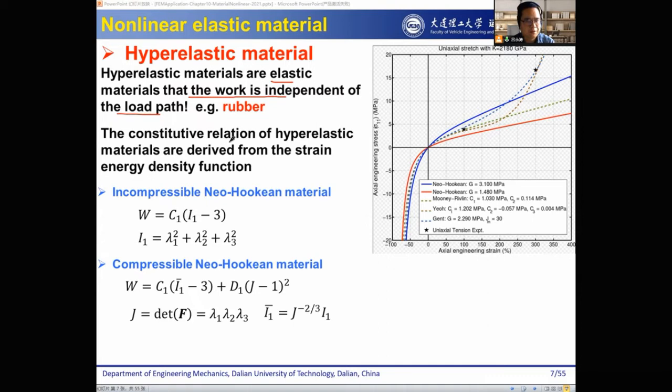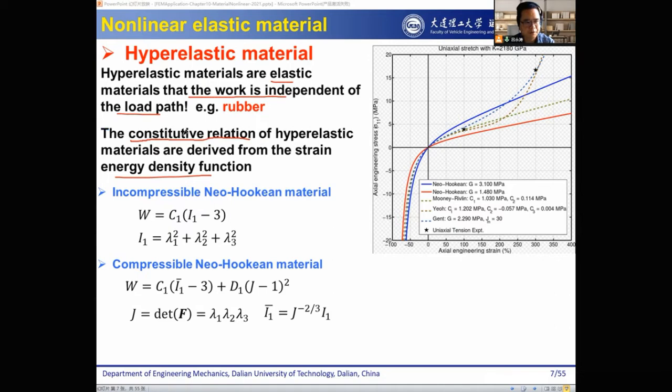And the constitutive relationship of hyperelastic material is derived from the strain energy density function. We know for the material, the very key part is to derive the constitutive relationship, that is the constitutive model.